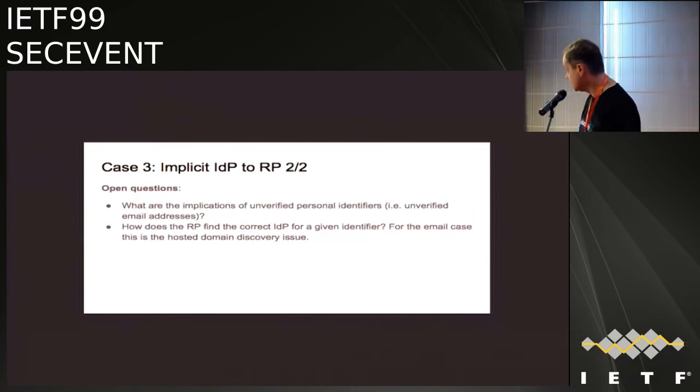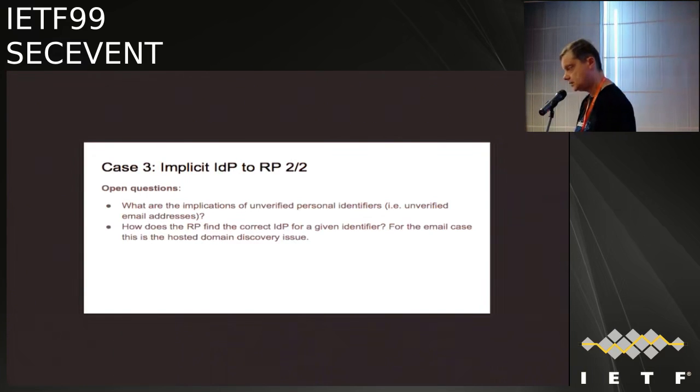One more. Okay, so open questions for the implicit one. What are the implications of unverified identifiers, like unverified email addresses? That's an important one. And the other one is discovery. How does the RP find the correct IDP for a given identifier?